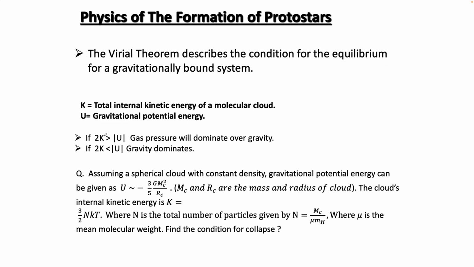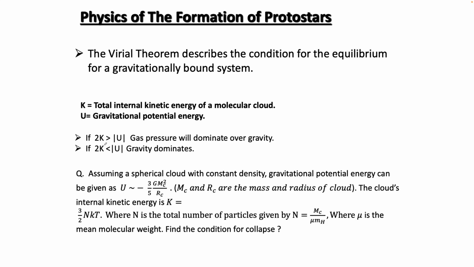Once you have these two types of energy, you can say that if 2 times the kinetic energy is greater than the magnitude of the potential energy, gas pressure will dominate over gravity, right? And in the other case, if 2 times the kinetic energy is less than the gravitational potential energy, then gravity dominates, right?